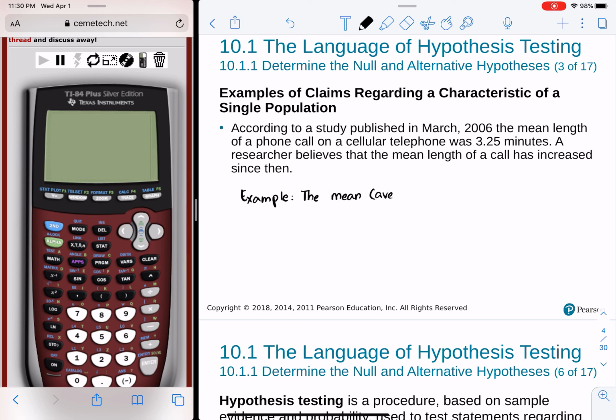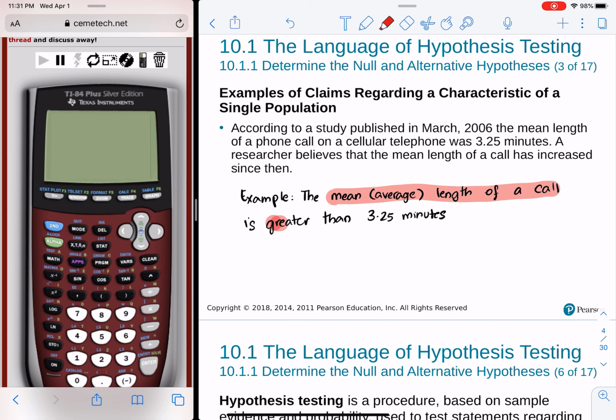Mean is nothing but the average. So today's hypothesis is that the mean or the average length of a telephone call is greater than 3.25 minutes.